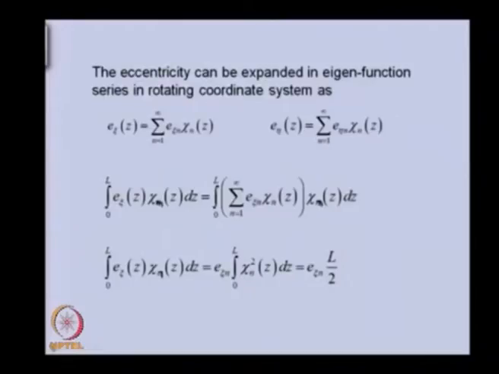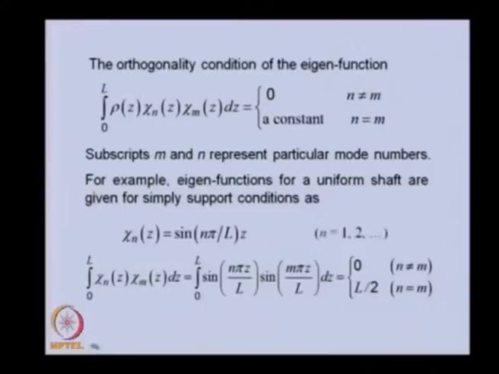So this is an extension of the previous slide, where we applied the orthogonality condition. I will show the orthogonality condition for the simply supported rotor case, and how we can evaluate this integral. For the simply supported case, this integral becomes L by 2. This is the orthogonality condition in general, which we already discussed earlier: if m is not equal to n, then it becomes 0, and if it is the same, then it is a constant quantity.